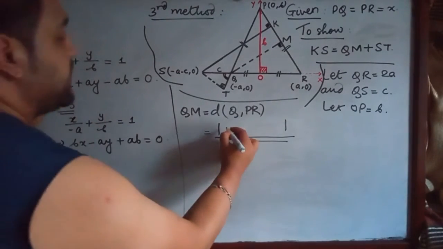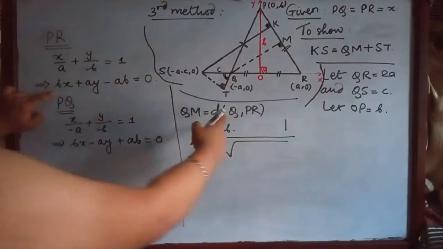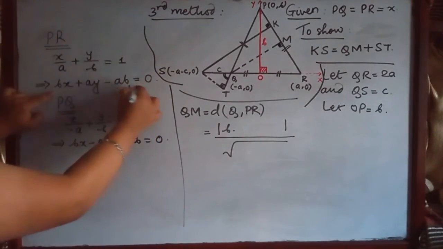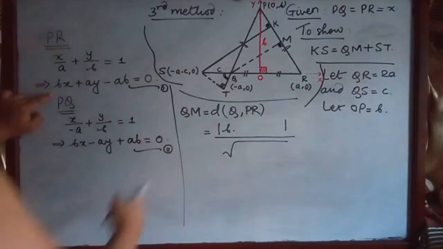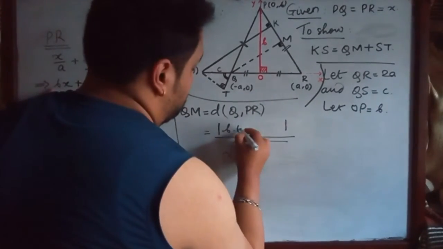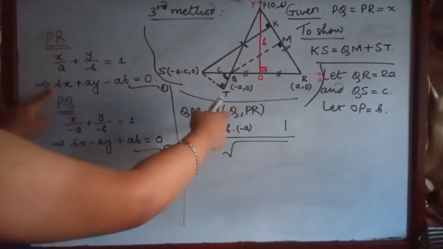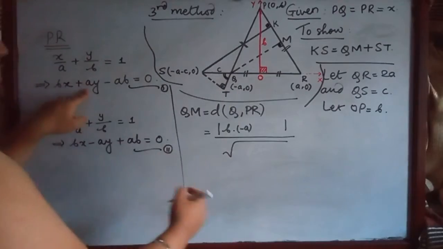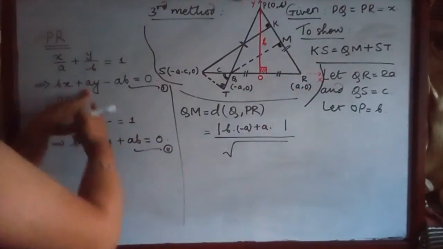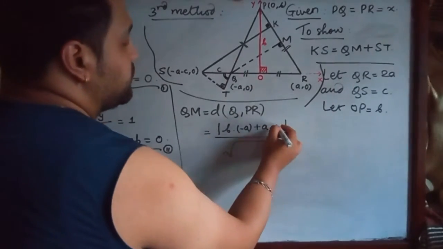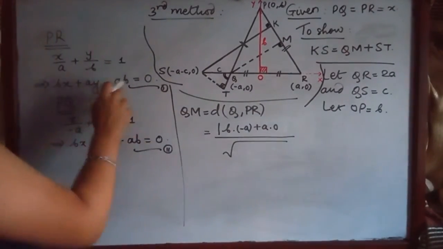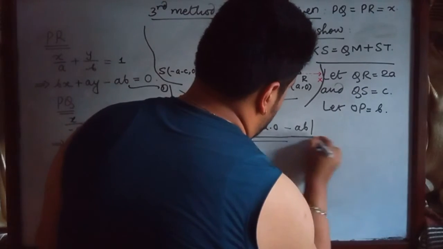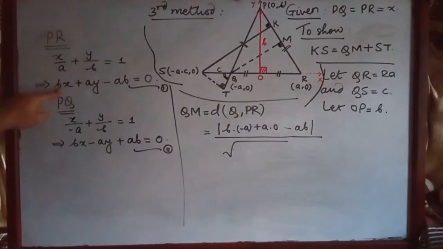Yes, b times the x coordinate of Q. So we need the equation of PR, and Q means we need the coordinates of Q. b times the x coordinate of Q, plus a times the y coordinate of Q, minus ab, over the square root of b squared plus a squared.